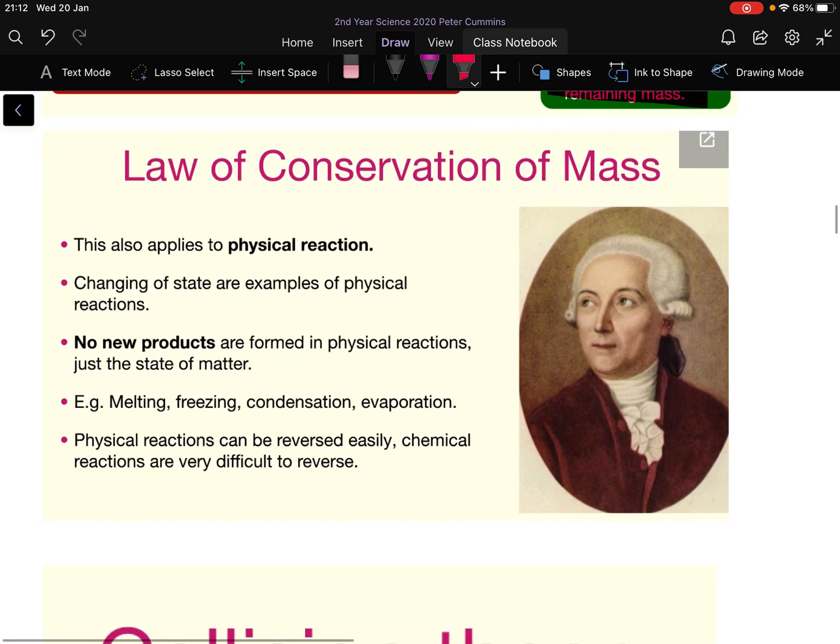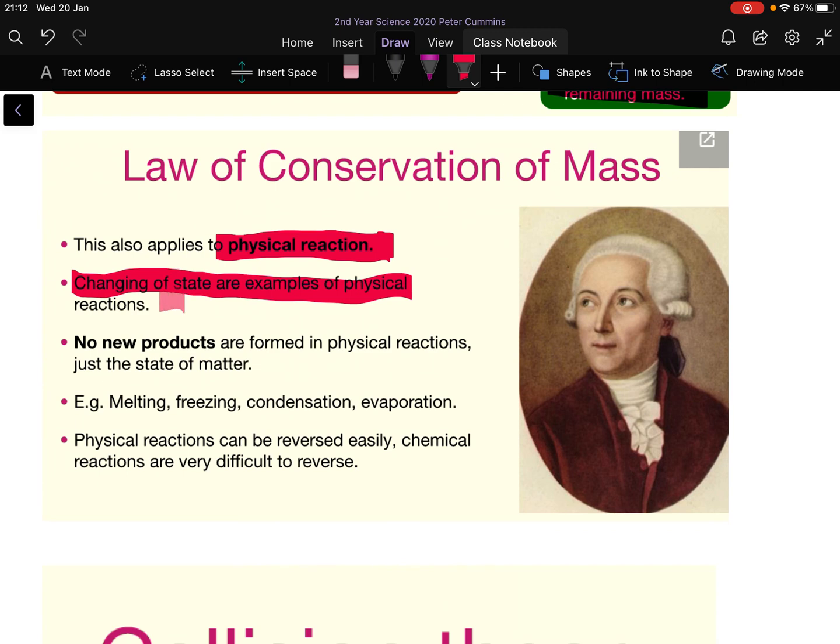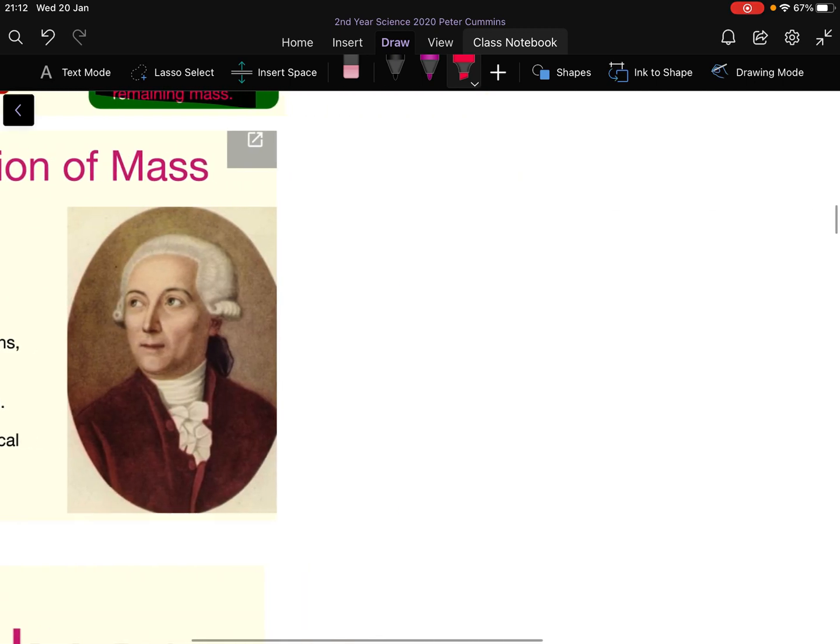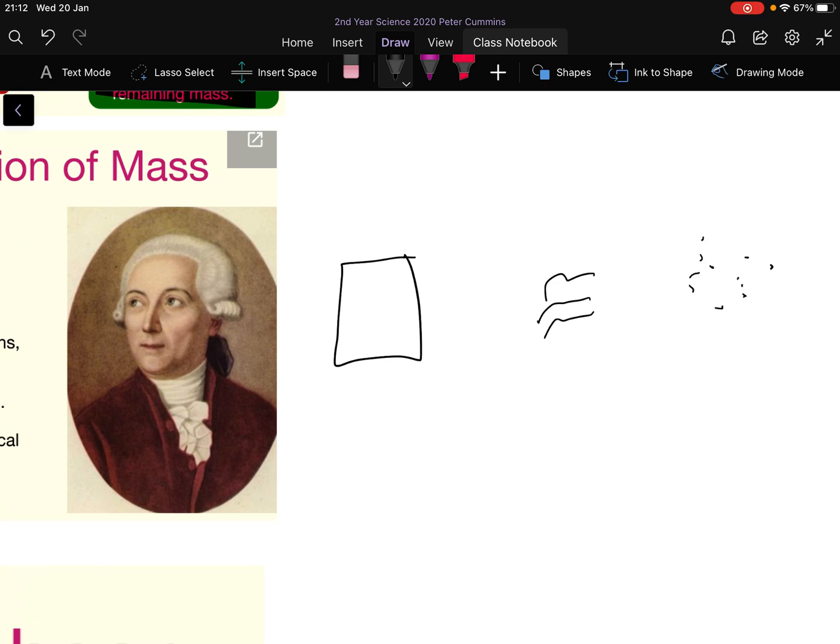Okay, this also applies to physical change. Chemical, remember, is if you think of the chemical, you make something new. Changing state, which you did in first year, are examples of physical change. So in first year you would have done this: here's a block of ice, here's a load of water, and here's a load of gas.